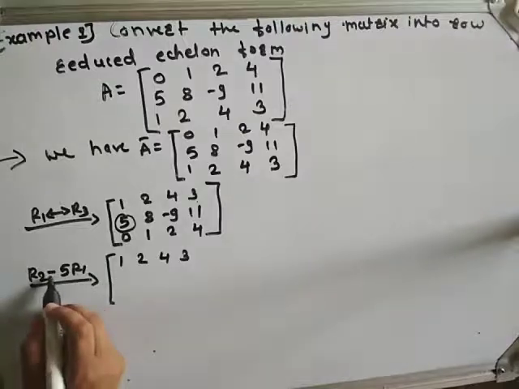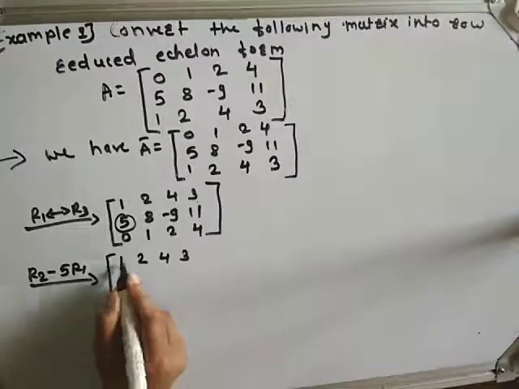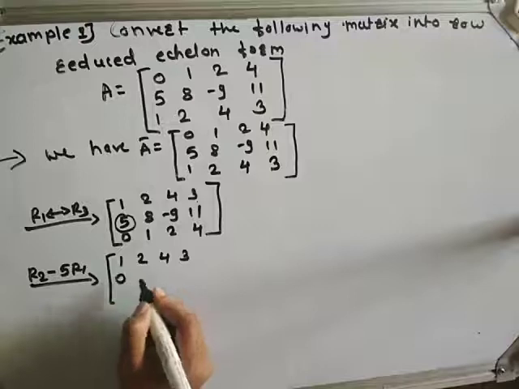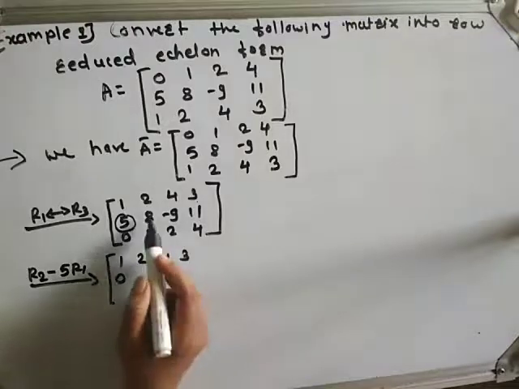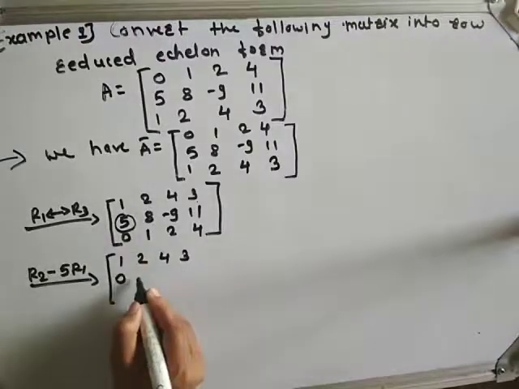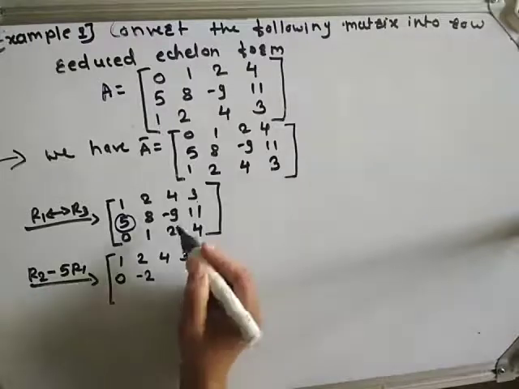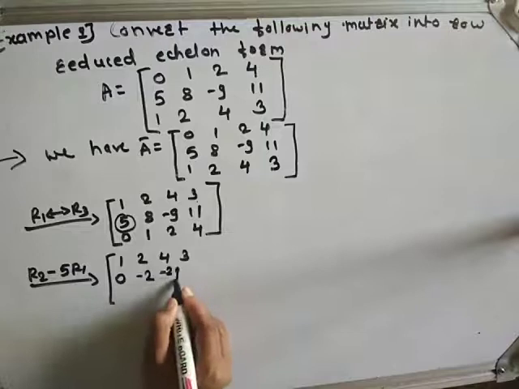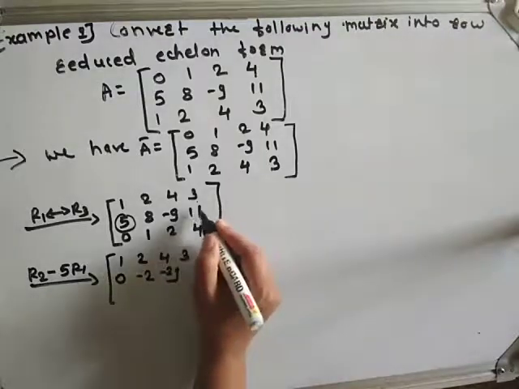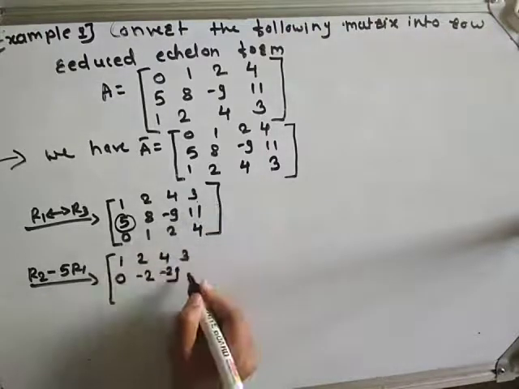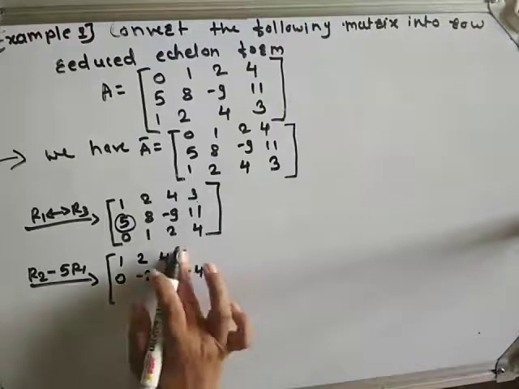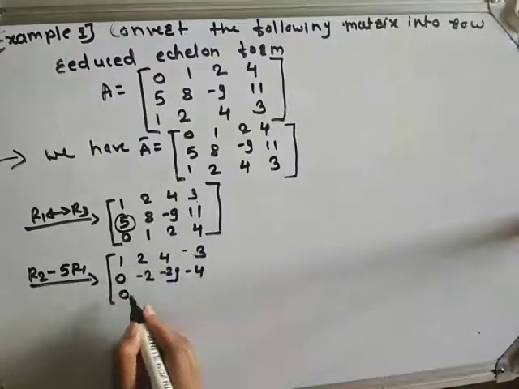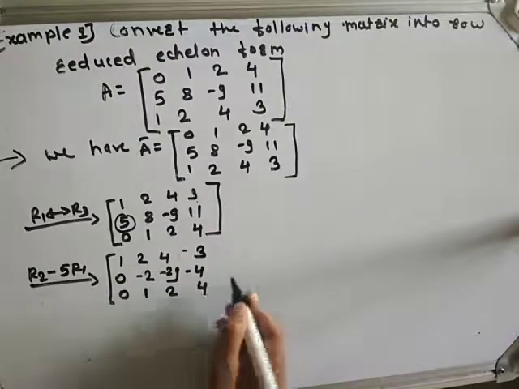After performing this operation, second row becomes 5 minus 5 is 0, 8 minus 10 is minus 2, minus 9 minus 20 is minus 29, 11 minus 15 is minus 4. Third row is 0, 1, 2, 4.